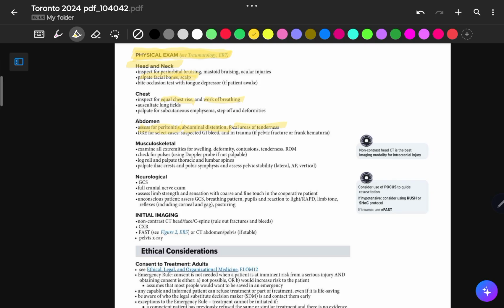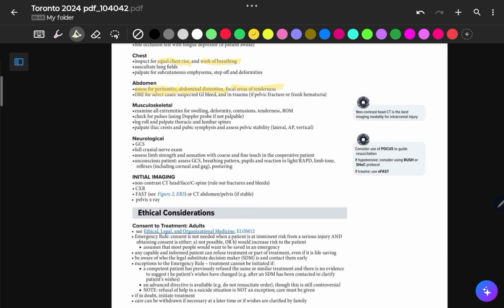And then you want to do your digital rectal examination for selected patients, especially where you are suspecting any GI bleed, and in trauma if pelvic fracture or frank hematuria is present. Then you move to your limbs, your musculoskeletal. You want to examine all the extremities for swelling, any deformity, any contusions, any tenderness, and the range of movement.